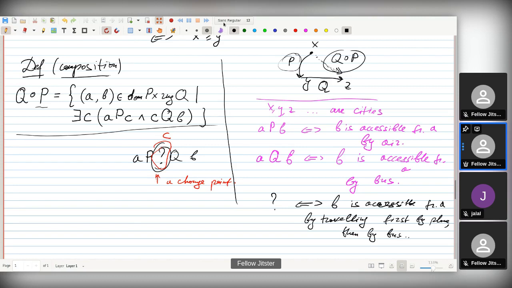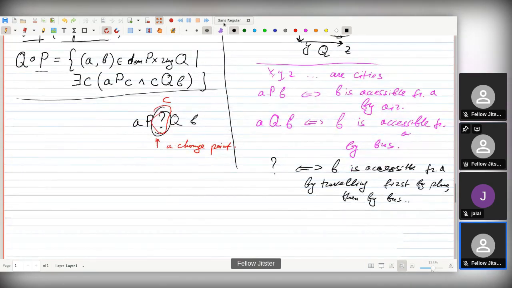This new relation consists of, one may say, pairs of arrows. Every two-arrow path where the ending point of the first arrow coincides with the starting point of the second arrow, every such two-arrow path gives rise to one arrow labeled with our composition. Is this idea clear?